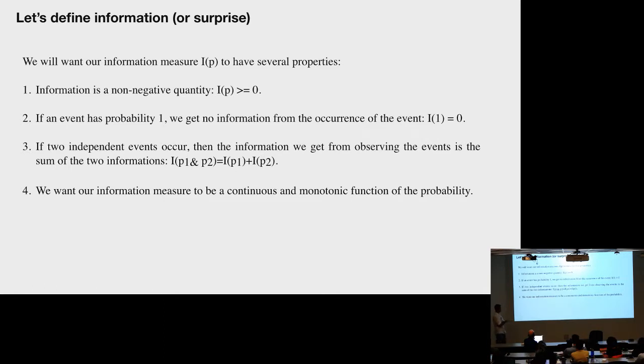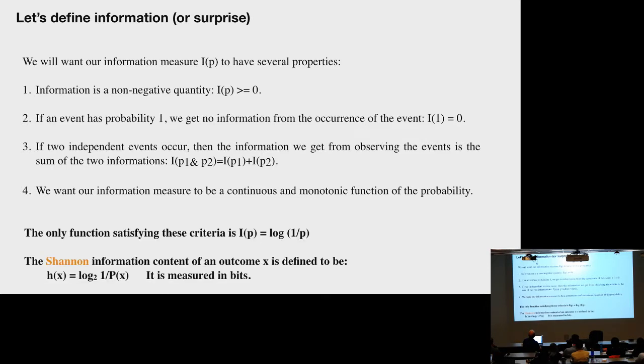Third, if two independent events occur, then the information we have by observing the two should be the sum of the information for the first one and for the second one. And the last one, we want our information measure to be continuous and monotonic in the probability. Those look like reasonable requirements for a definition of information.